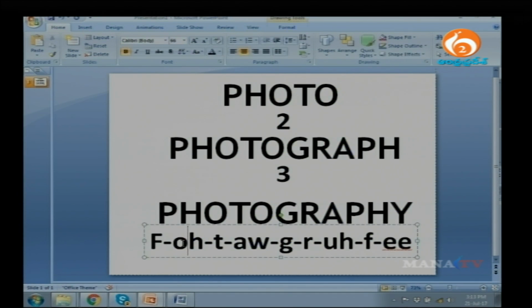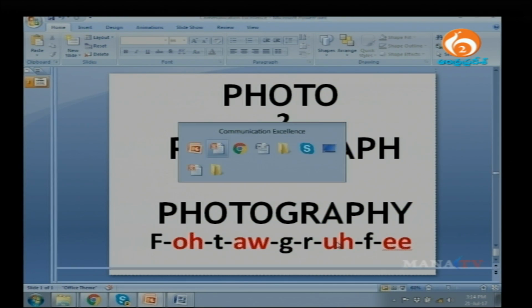Now, how many vowel sounds do I have? 1, 2, 3. A is 3. Let me mark it so that you can identify. It's photography. How many syllables? Photography, 4. Number of vowel sounds is also 4, which means syllable count is equivalent to the number of vowel sounds, not vowels themselves.